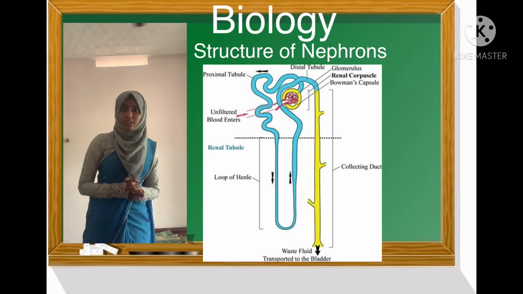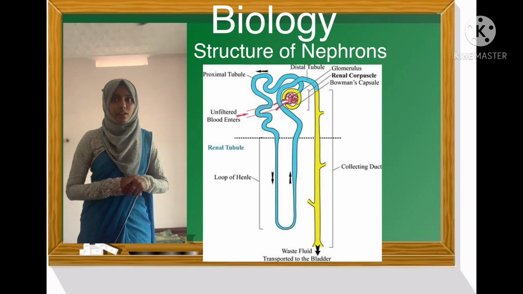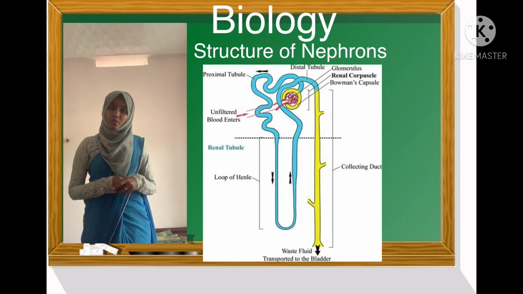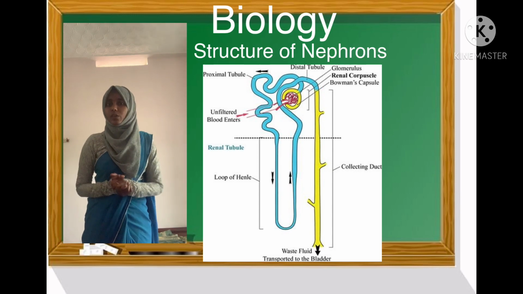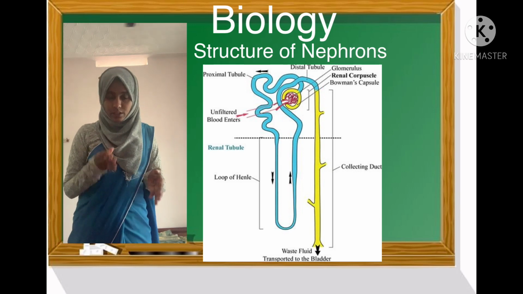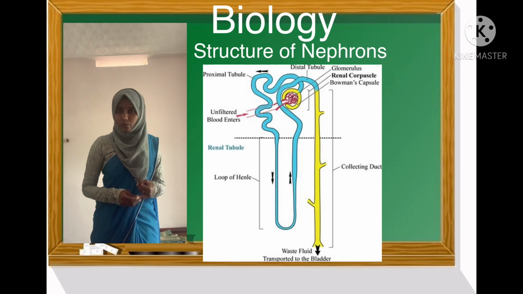So, already we discussed that Bowman's capsule is a cup-like structure seen around the glomerulus. What is glomerulus? Wait, we can come to the glomerulus. Now we are discussing the afferent vessel and next we move on to the efferent vessel.